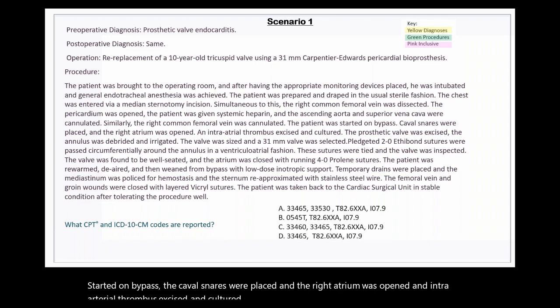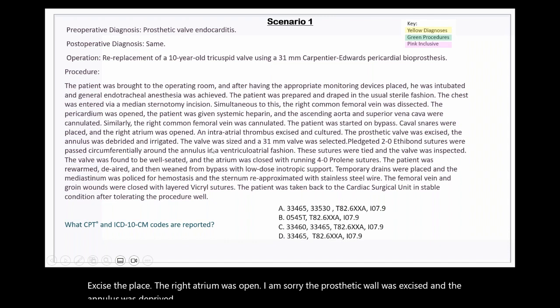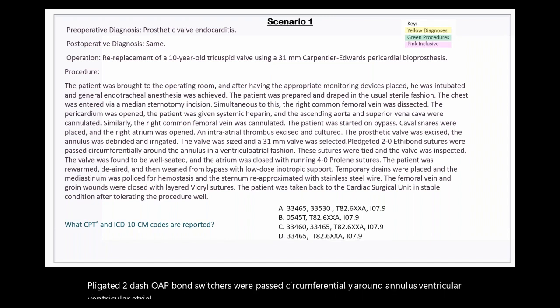The prosthetic valve was excised. The right atrium was open. The prosthetic valve was excised and the annulus was debrided and irrigated. The valve was sized and a 31 valve was selected. Pledgeted 2-0 sutures were passed circumferentially around the annulus in a ventricular-atrial fashion. These sutures were tied and the valve was inspected.